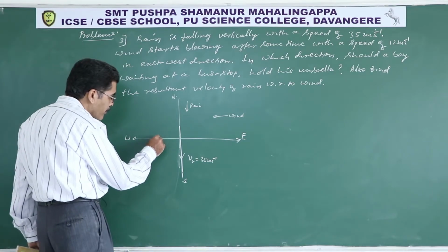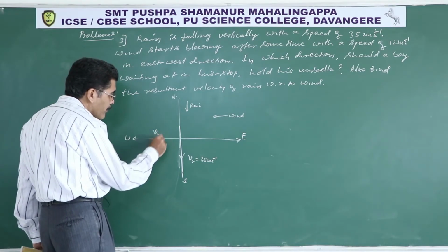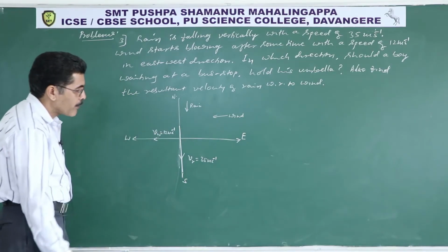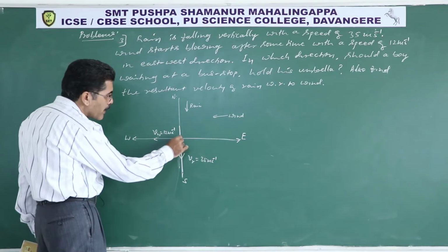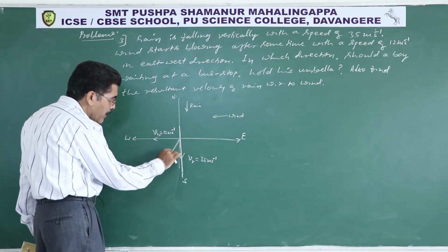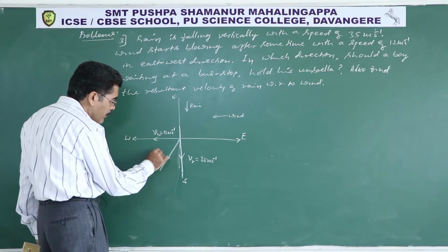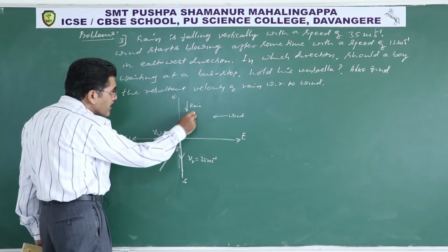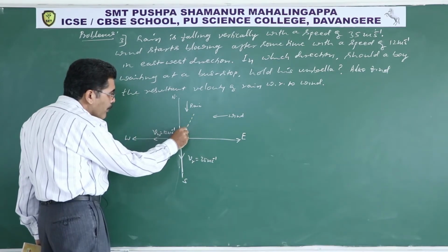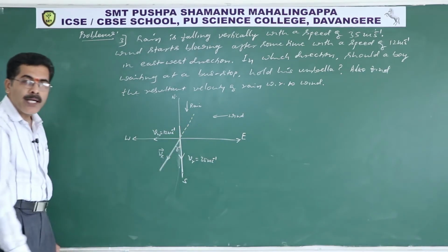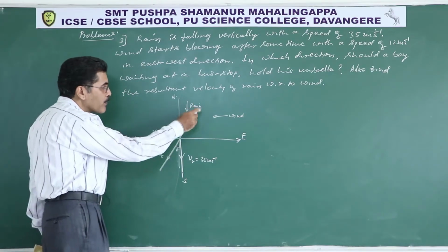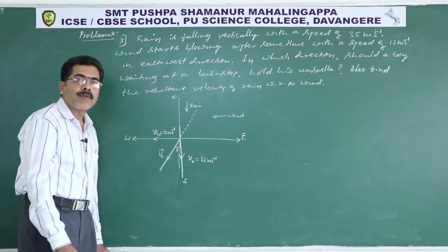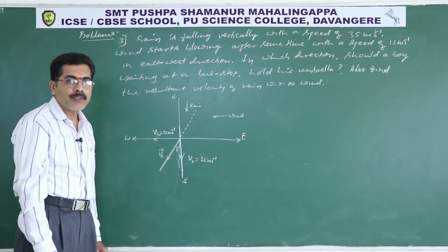Naturally, the resultant vector acts in this direction. Let me take this angle as theta. This is the direction along which the boy should hold the umbrella so that he can prevent himself from getting drained by rain.